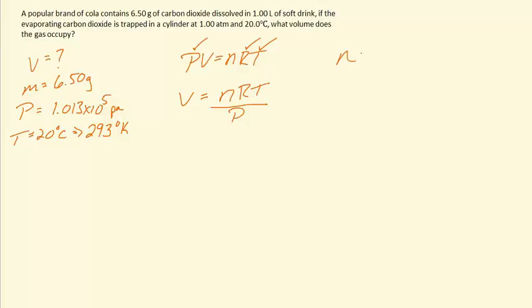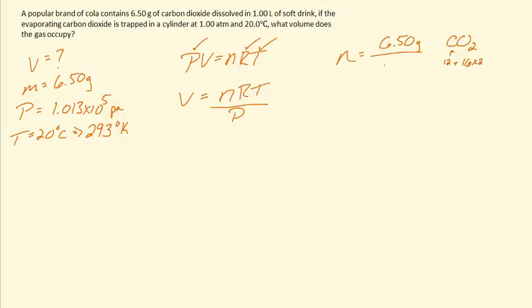And we know to calculate moles, we can take the mass of our carbon dioxide, divide by its molar mass, and since carbon dioxide is CO2, you know that one carbon is approximately 12 plus one oxygen has a mass of 16. Since there's 2, we times that by 2.